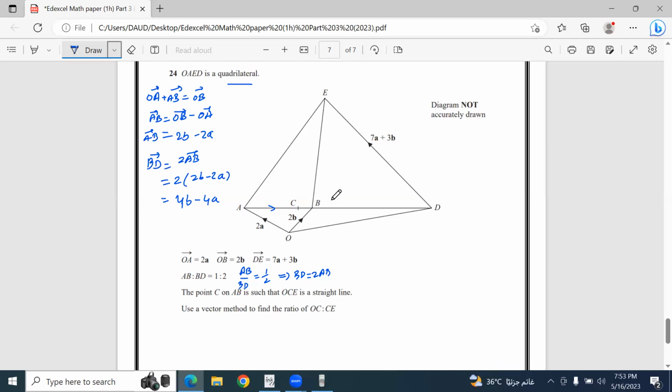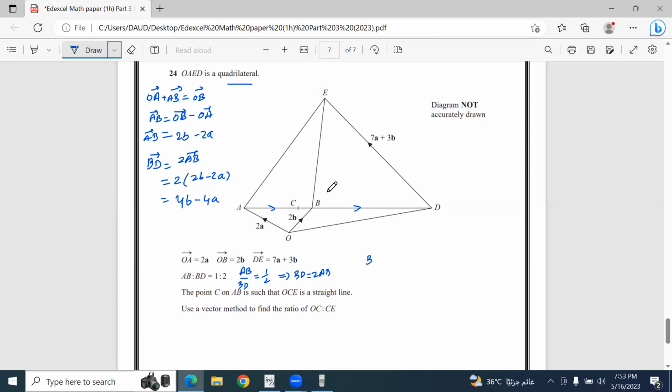And one more thing we can find easily. If you know BD, we can find BE easily. So I am looking for BE. At the end, we will find the point C on AB such that OCE is a straight line, and I will do that in the next step. And at the end, we will show the ratio OC to CE equals what?